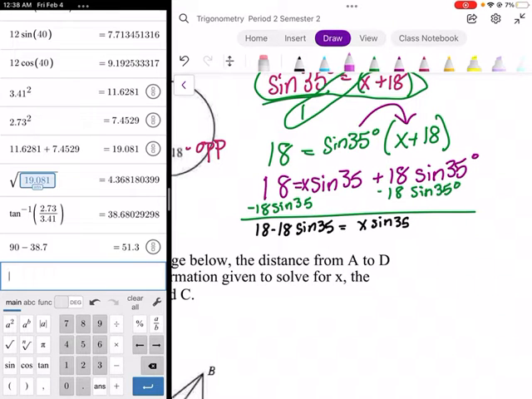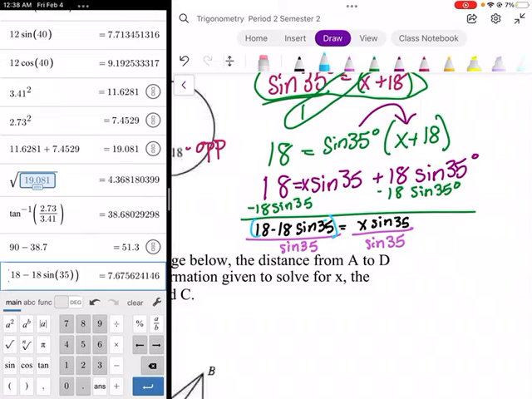Now that we have x sine of 35 by itself, we can divide to get our final answer. When you type this into your calculator, make sure you are cautious and you add parentheses when needed. So for this one, you will need parentheses around the numerator. So we have 18 minus 18 sine of 35.